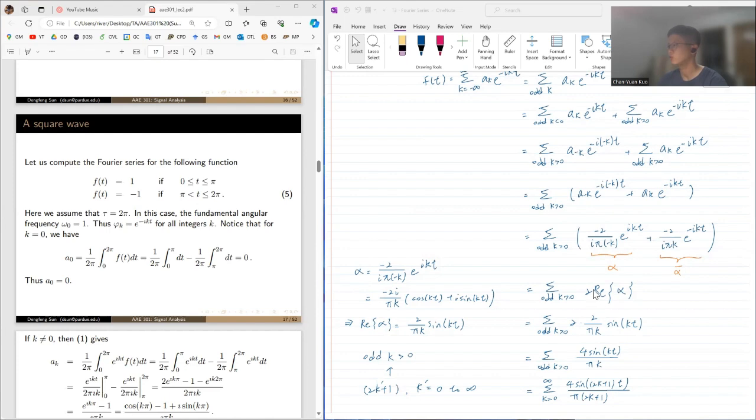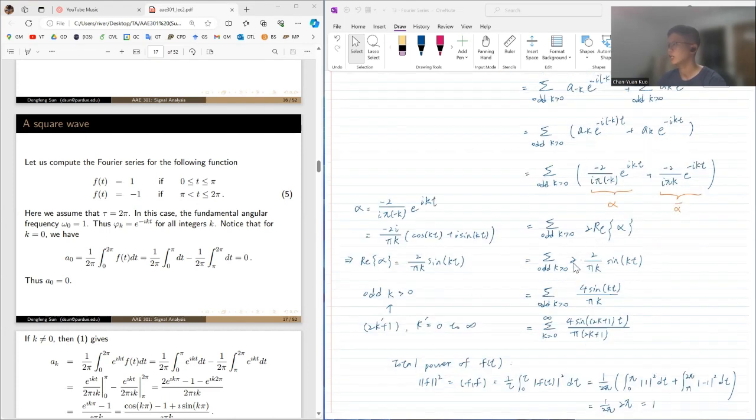So here we have 2 times the real part of alpha. And in this case, the real part of alpha will be 2 over pi k times sine of kt. And that's why here we will get 4 sine of kt over pi k in the end.